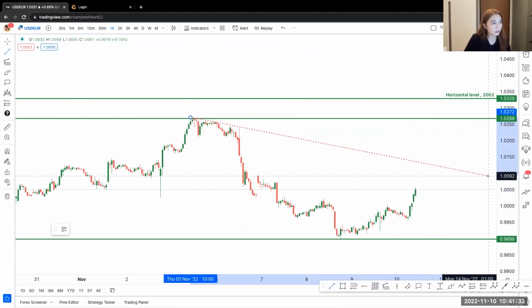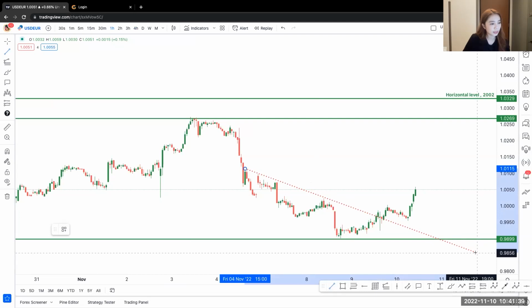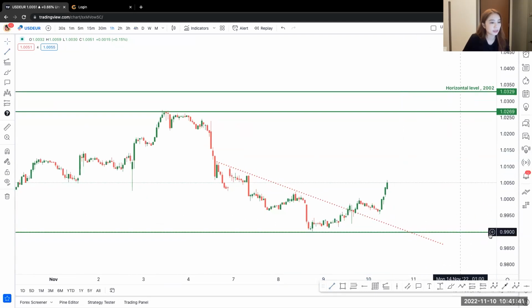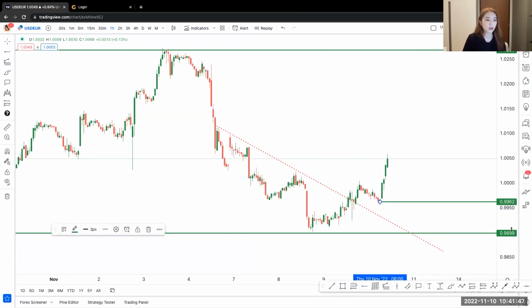All right, so we are looking at a much smaller trend line. Price did indeed exceed the descending trend line. We are looking at a smaller price point support at 0.9962.